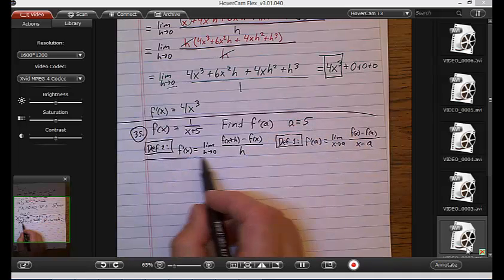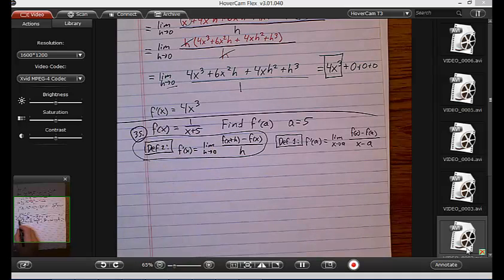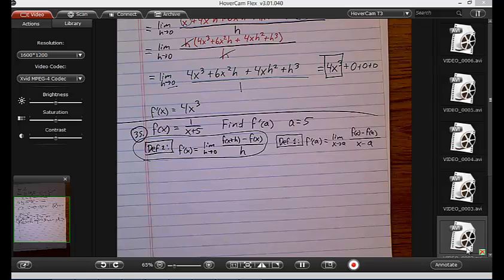This is the more commonly used definition. And so what most people probably did was find the derivative using this. And that created a mess. Oh yeah, it's going to be a mess.